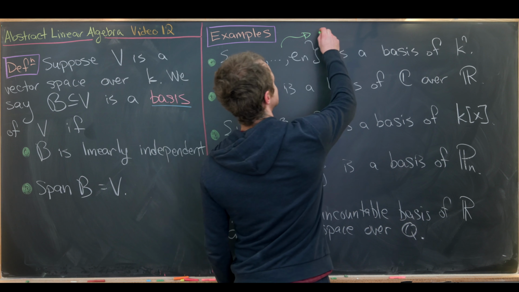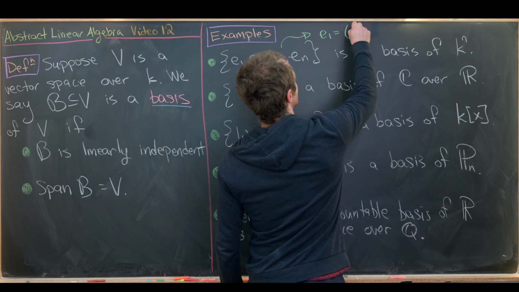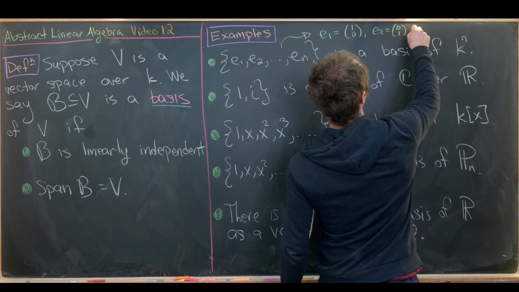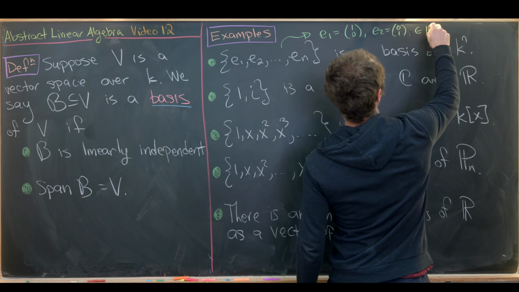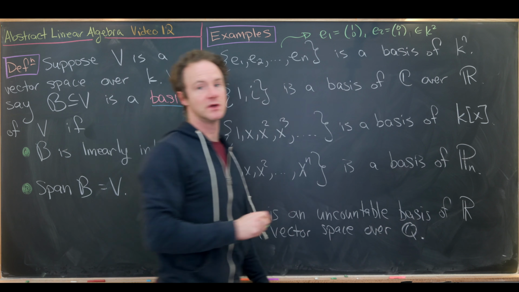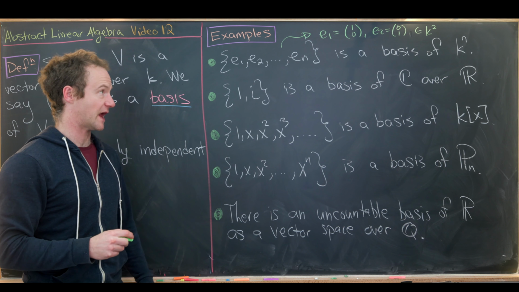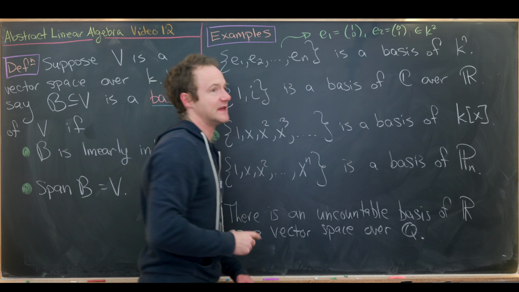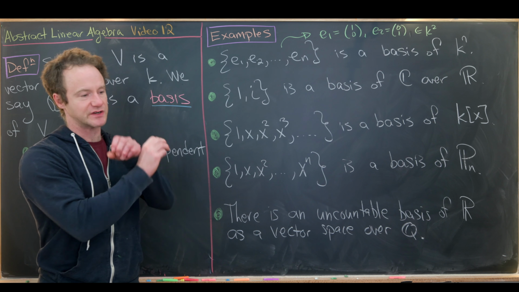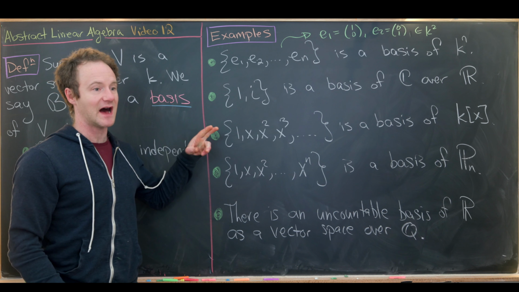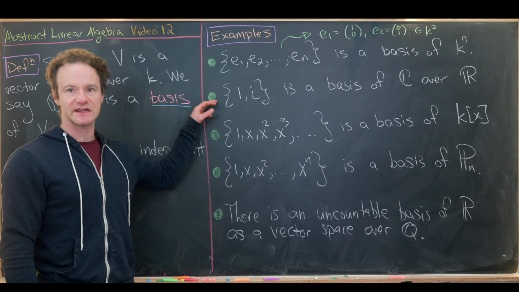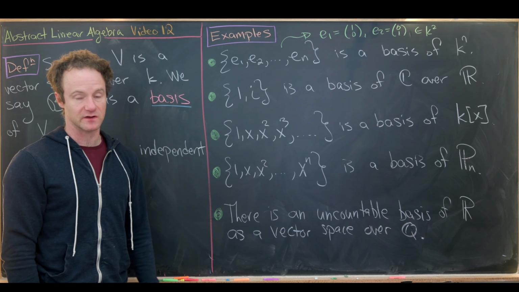Well, let's just do an example. e1 would be (1, 0) and e2 would be (0, 1) if we were considering all of this happening in K^2, the space of ordered pairs. In other words, ei is the vector whose entries are all 0 except in the ith component, where you get a 1.